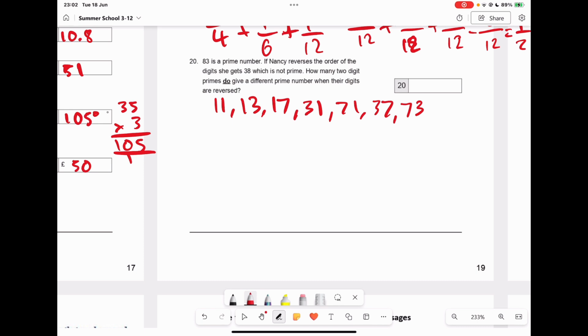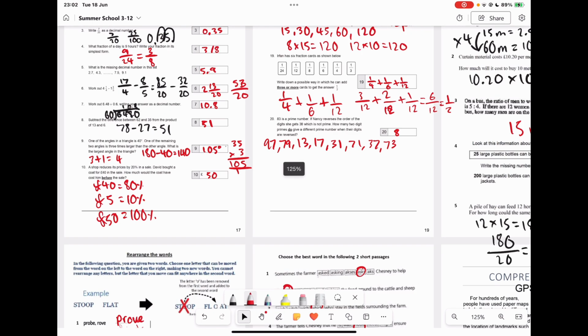Okay, so 11 will not count because it doesn't give a different number. So then we're going to have 79 and 97. And that is all of them. So 1, 2, 3, 4, 5, 6, 7, 8. And that is the answer.